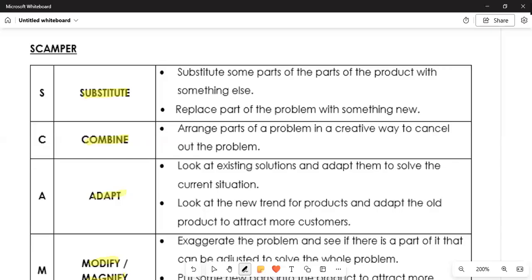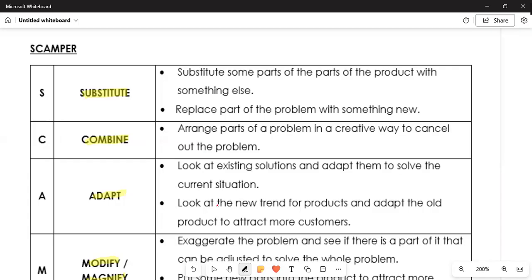So with SCAMPER as one of the techniques that you're going to use to solve a problem, here we are going to try to know SCAMPER in full. S means substitute, C means combine, A is adapt, M is modify, P is put to another use, E is eliminate, and R is reverse.